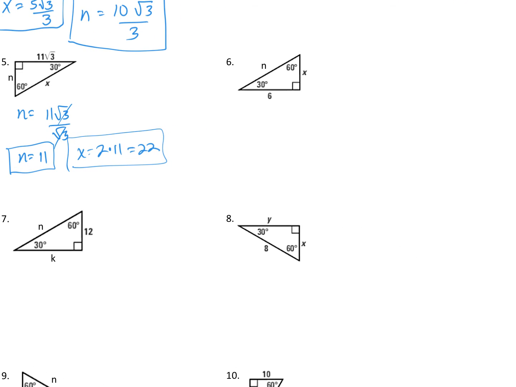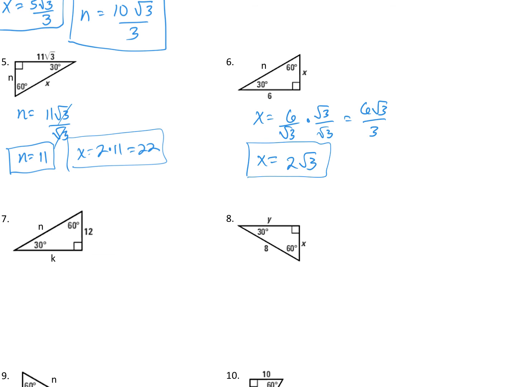Number 6, I got my 6 as a 60 degree, so my x equals 6 divided by root 3, times it by root 3 over root 3, which is 6 root 3 over 3, and 6 divided by 3 is 2, so this is 2 root 3.